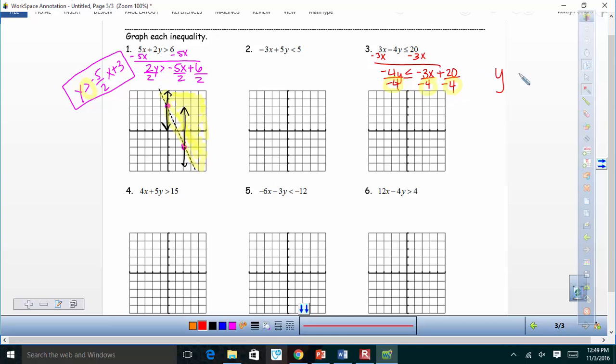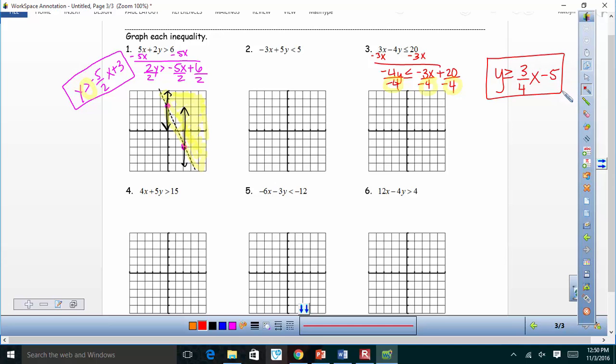Greater than or equal to. Negative 3 over negative 4 is a positive 3 over 4, x. And then 20 over negative 4 is a minus 5. So this would be our new equation.